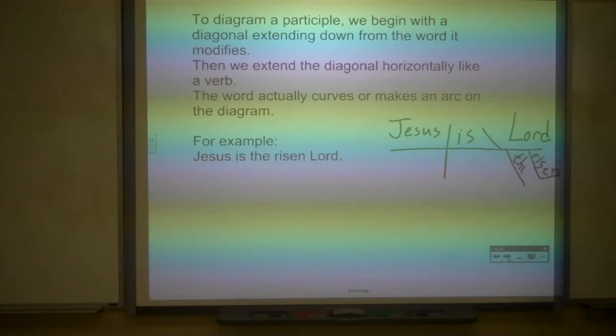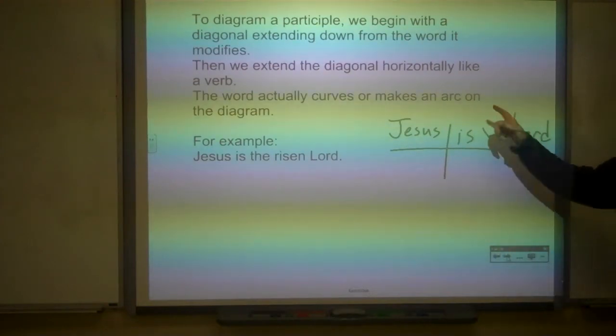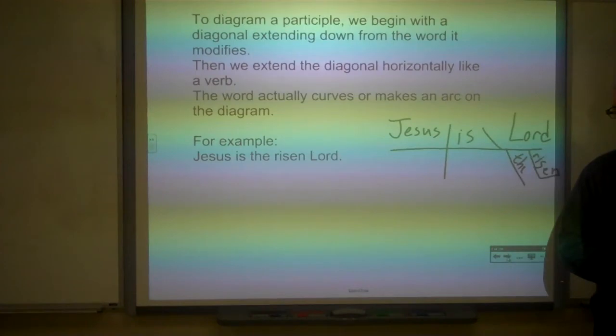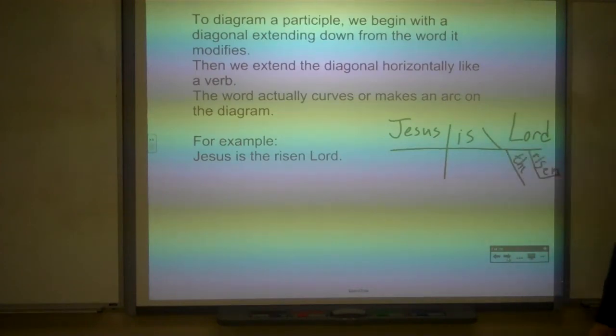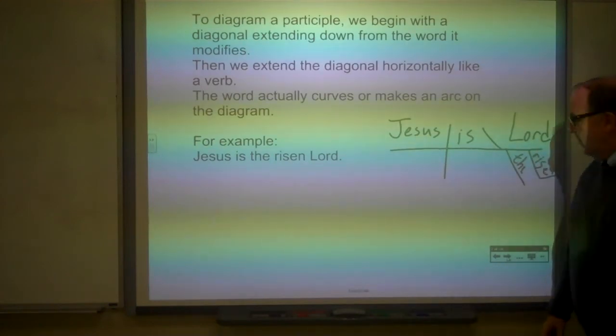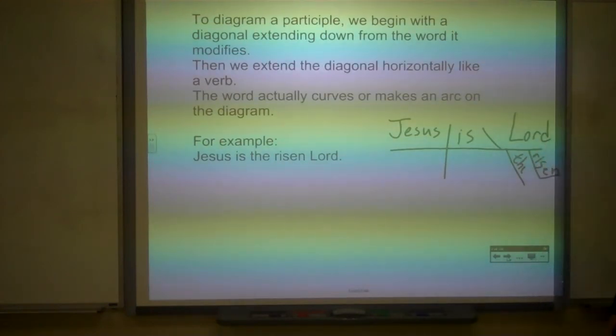And of course, you do recall that Lord is a predicate nominative, so that is why we have the diagonal between the linking verb and the predicate nominative. The, of course, also modifies Lord. Leave that up just for a few seconds so you can take a look at it.